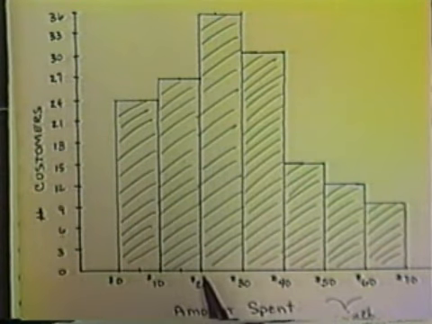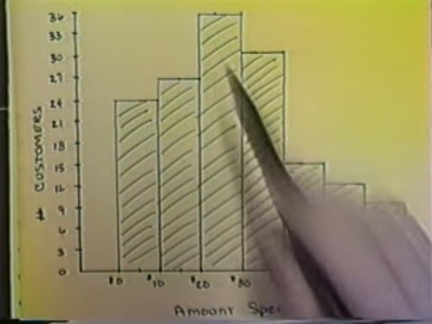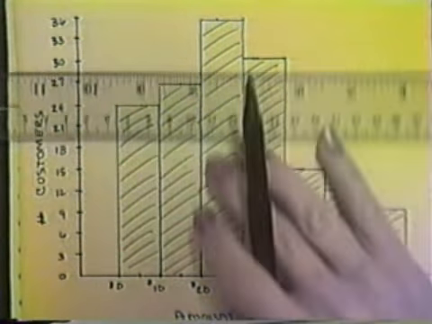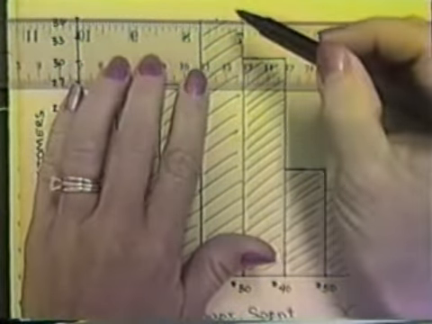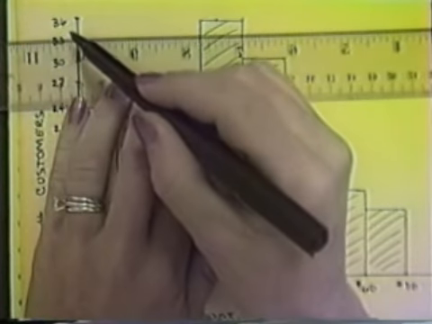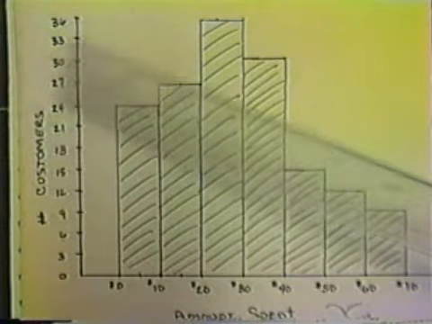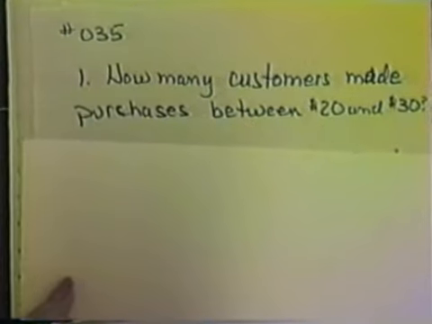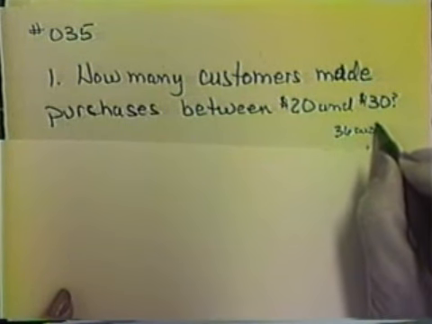So we want to find the bar that represents 20 to 30. It's this bar right here. We go to the top and over to see how many customers spent that amount. When we go over, we see 36. So the answer is 36 customers.